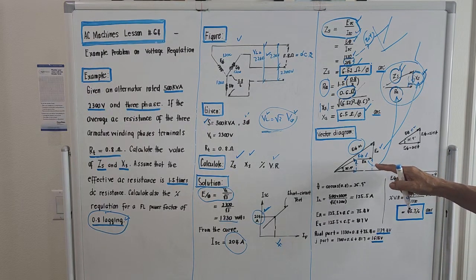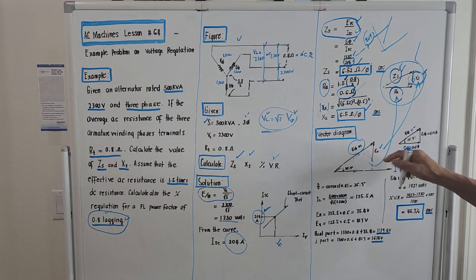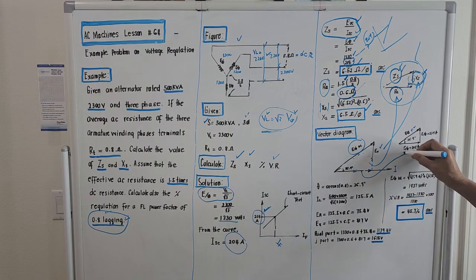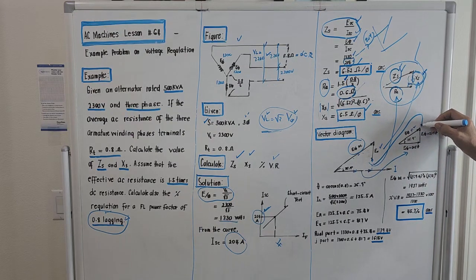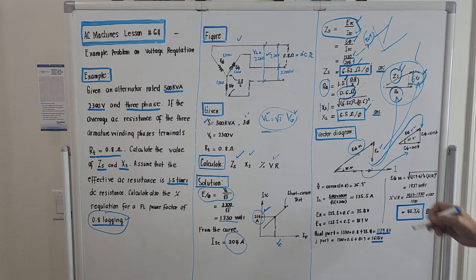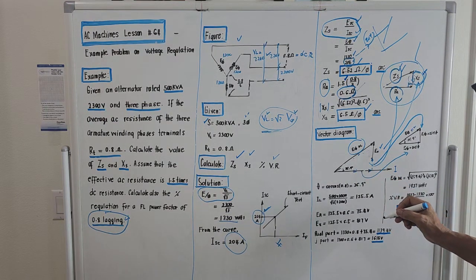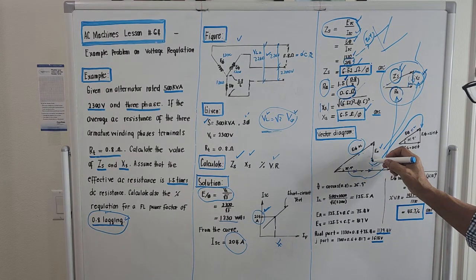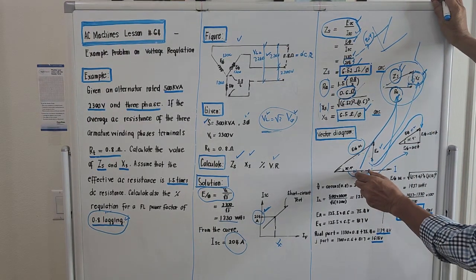So if we now try to segregate this, we could erase this one now because we have the components already. This part here is this one, and this portion is this one. This one is for the R, right? This is the IR drop of the armature.